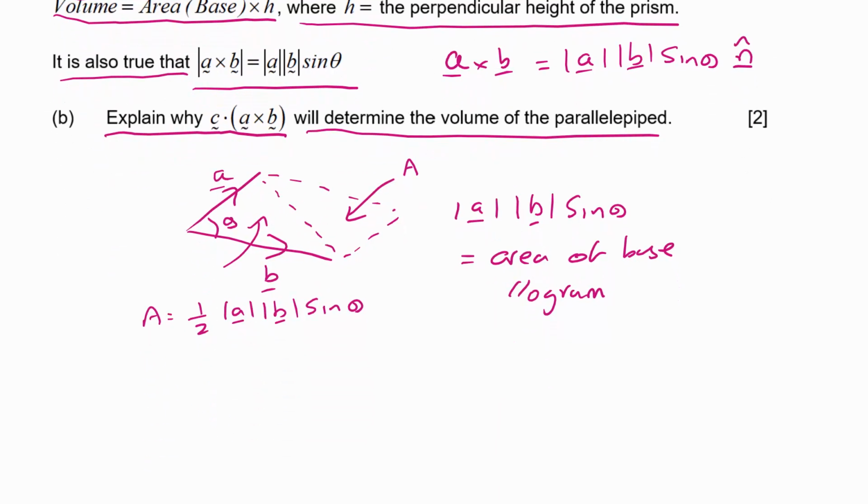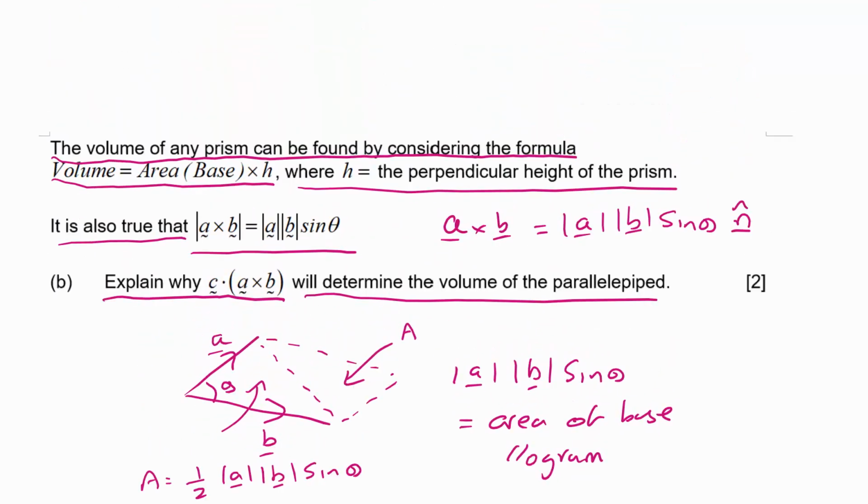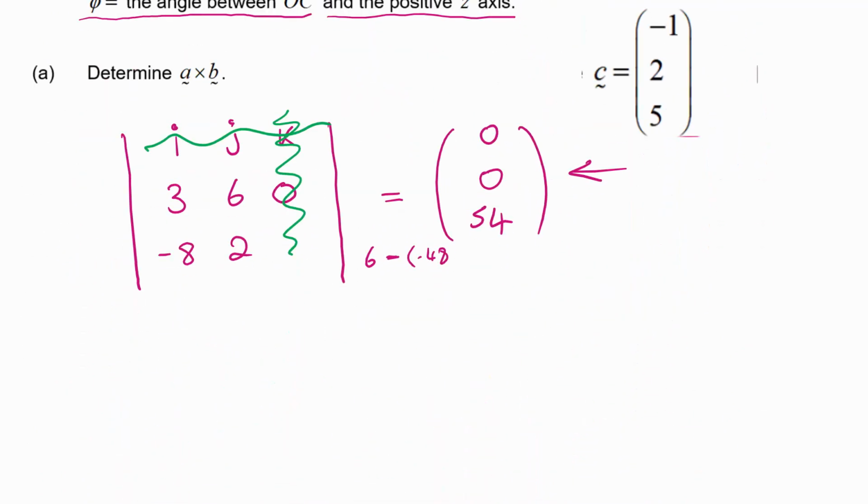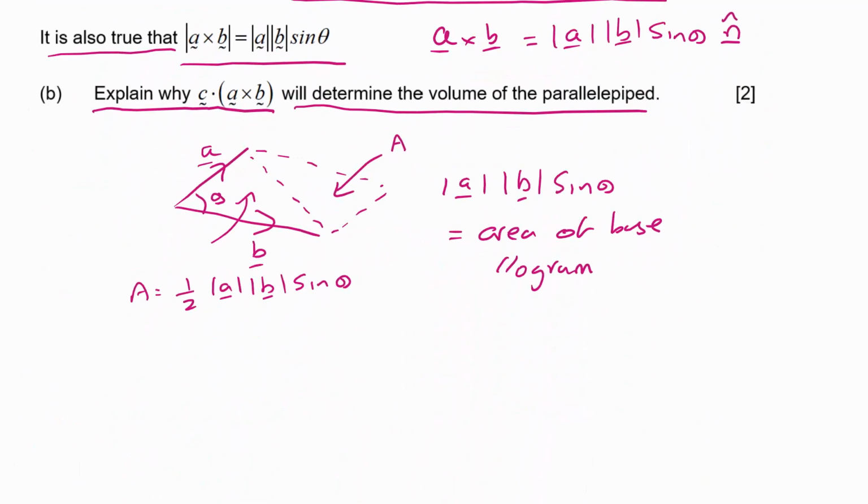Because of the way that A and B were constructed, so if we remember, A was 3, 6, 0, and B also had a 0 component here.